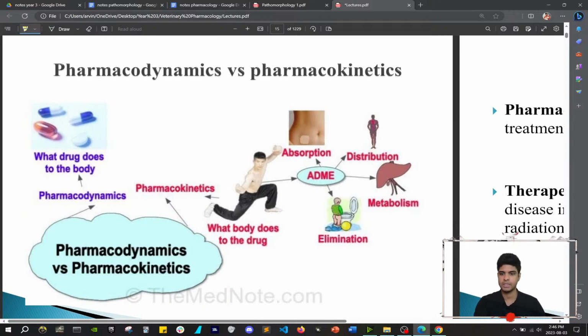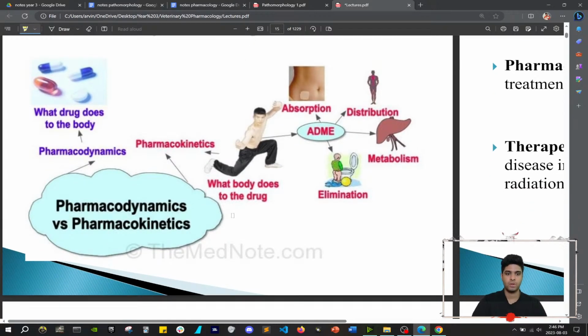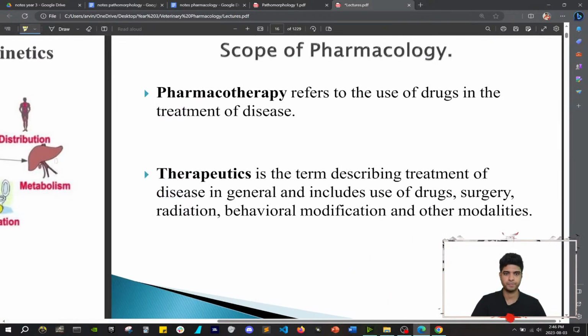Pharmacodynamics is the biochemical and physiological properties, the cause and effect of the drugs, and the mode of action.